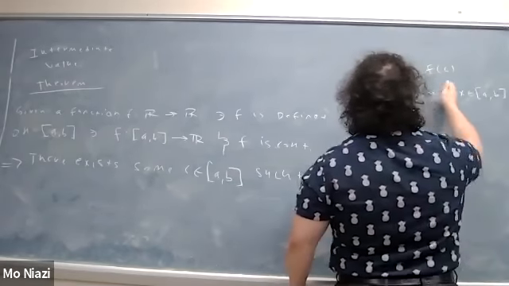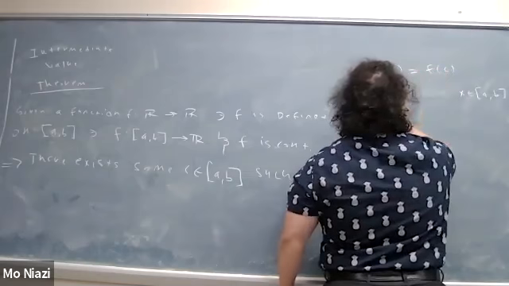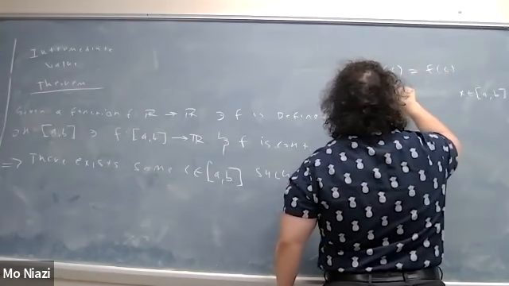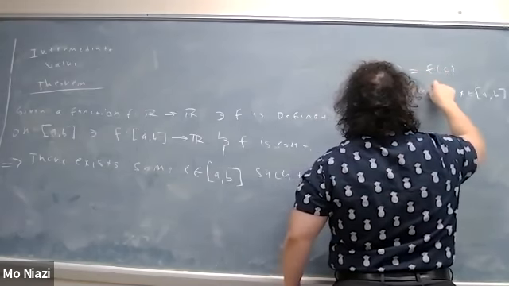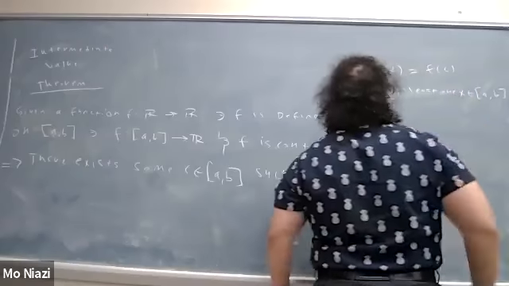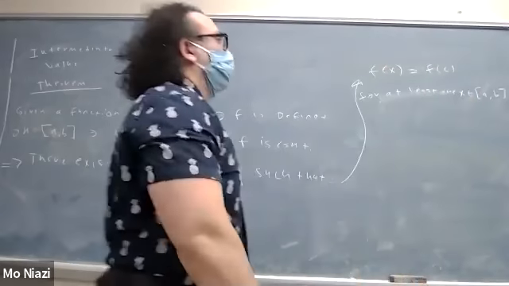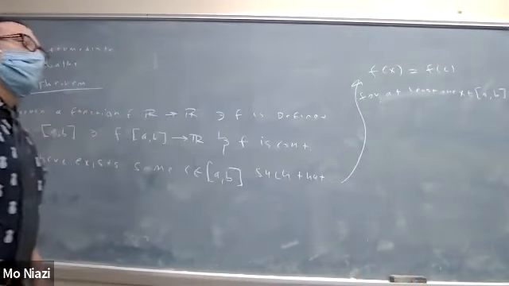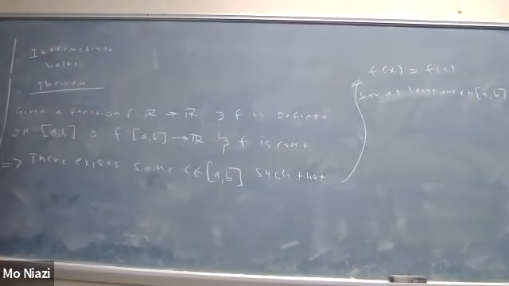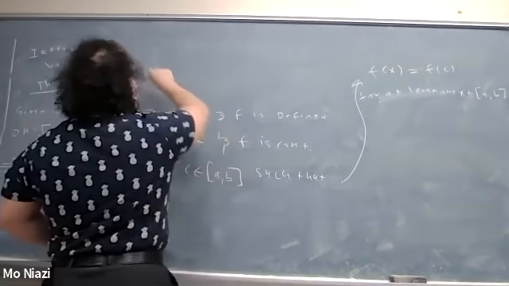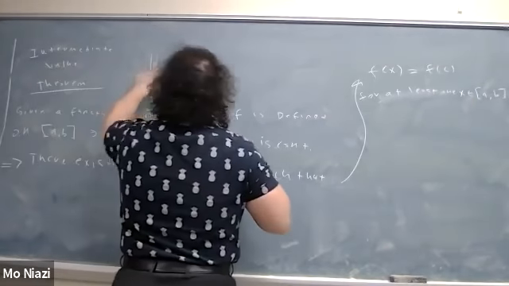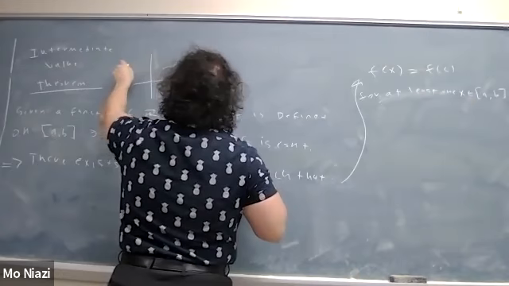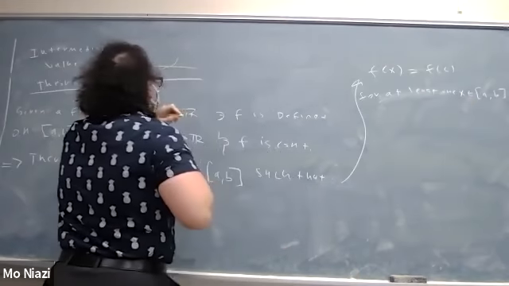And instead of for some, we can say for at least one. Even though for some is true, saying for at least one is a little bit more revealing. The reason we say for at least one is because we have this situation like so, where it crosses the line once.